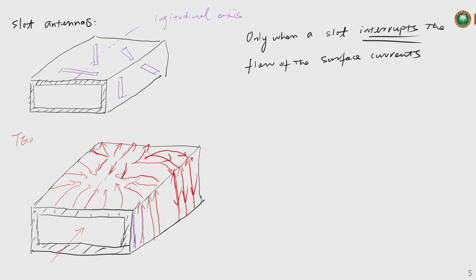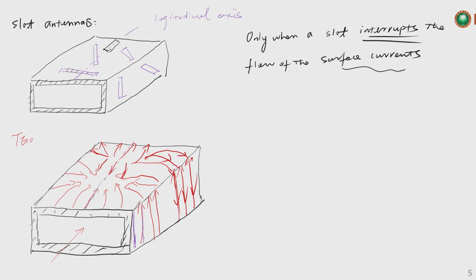What does it mean, interrupts? It means, for example, this slot is perpendicular to this line, right? So that means it interrupts the surface current.